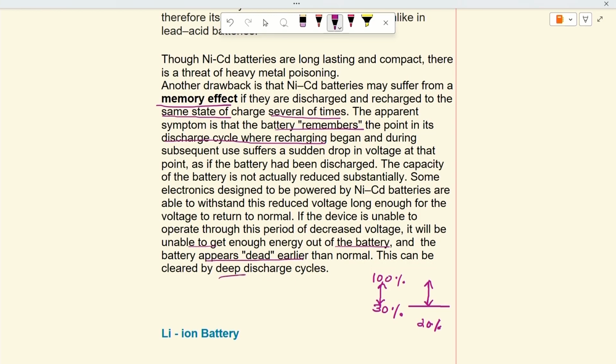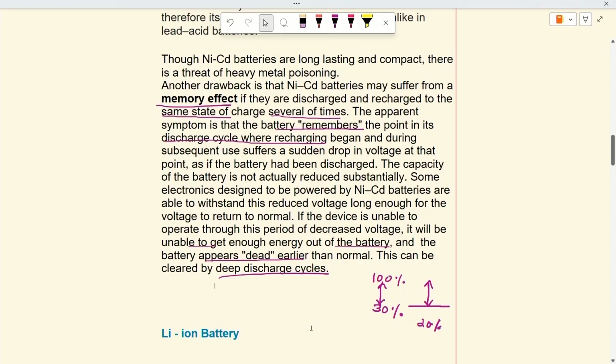This is known as deep discharge cycles. Many times you allow the battery to go to the least value, that is, completely drained, and then recharge it. If you do that, the battery can be revived. Okay. That is about the nickel cadmium battery. It is compact, but environmental pollution is a small drawback of nickel cadmium batteries. The other one is the memory effect.